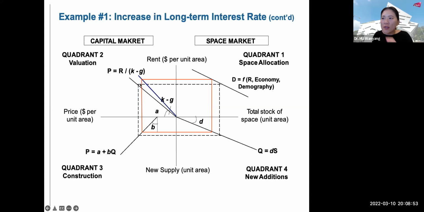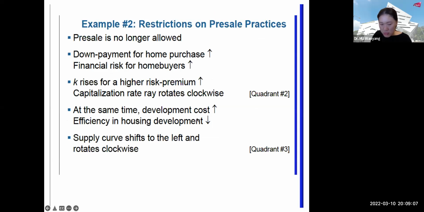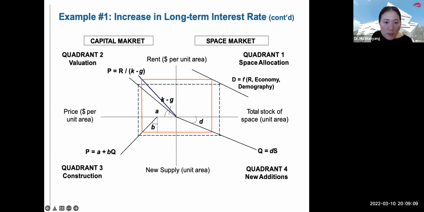So even if we were at the same rent level, now we have a lower price. When we have a lower price, we have a lower new supply. Then we will have a lower stock. When we have a lower stock, we have a higher rent.